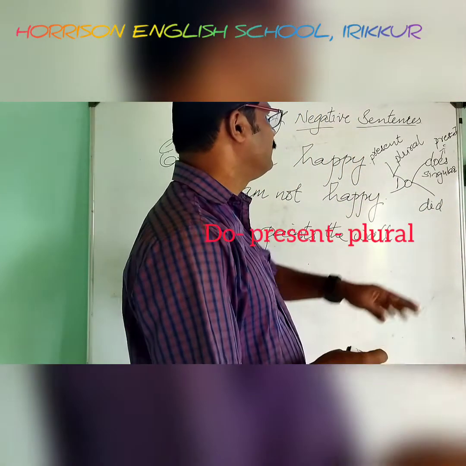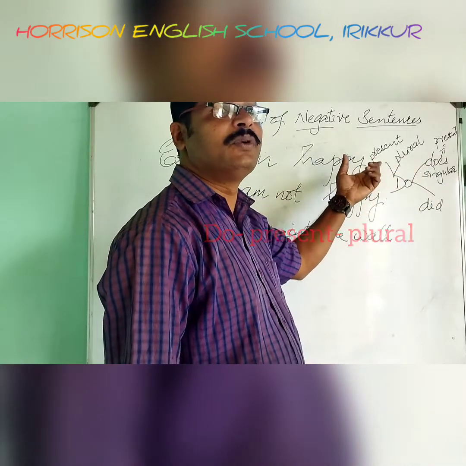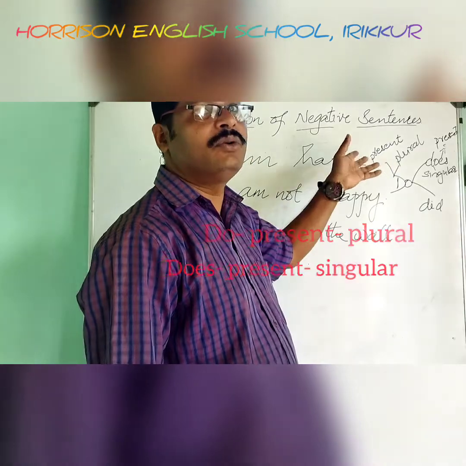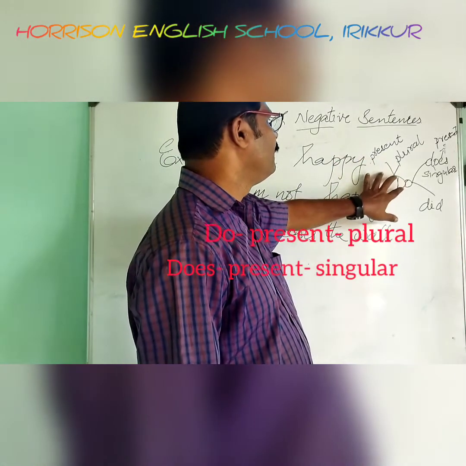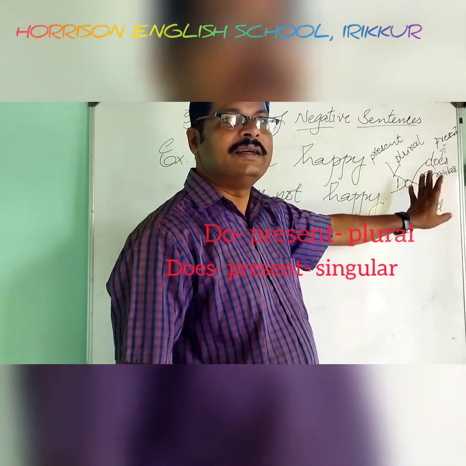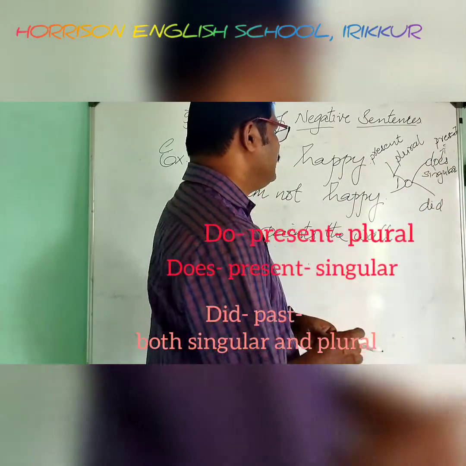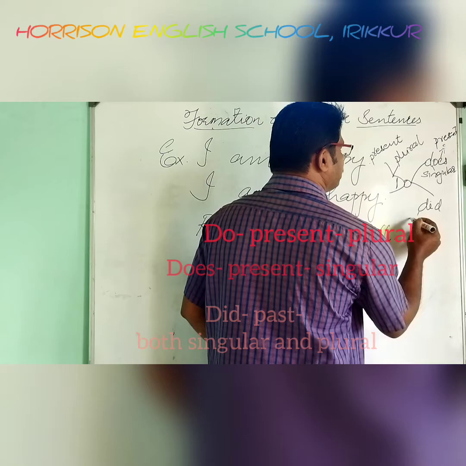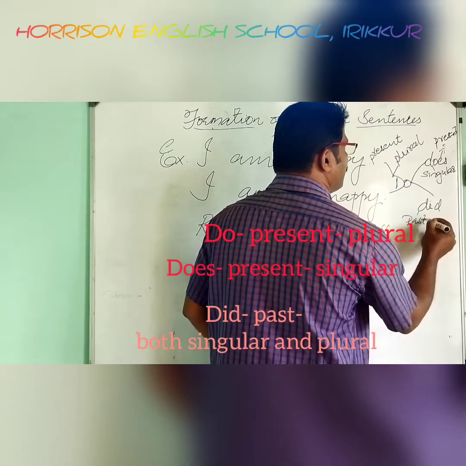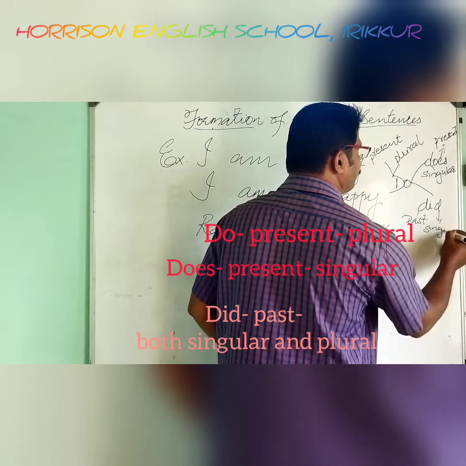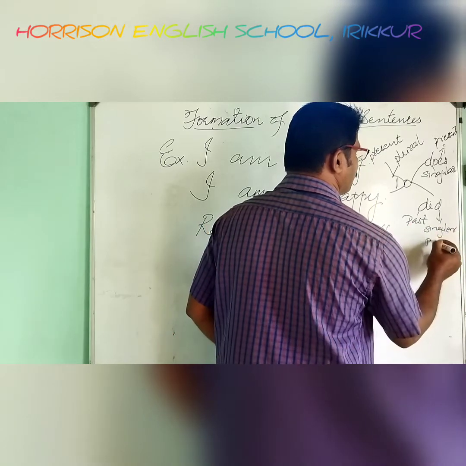So remember, when we say plural, we are using a plural subject: I, we, you, they, or two or more names. We use do. He, she, it, or a single name, we use does. This is singular. So did, we know that did is past, and it is for both singular and plural.